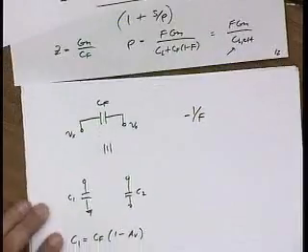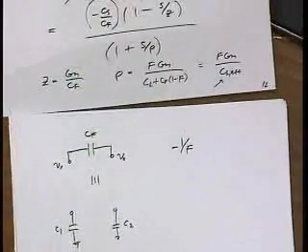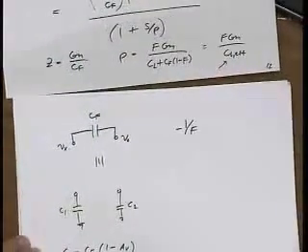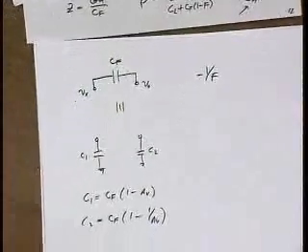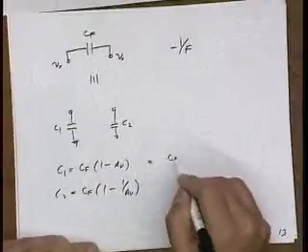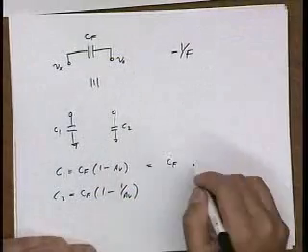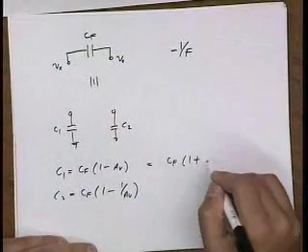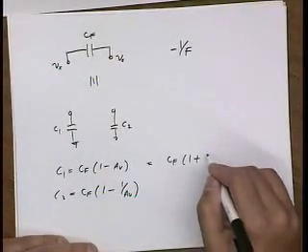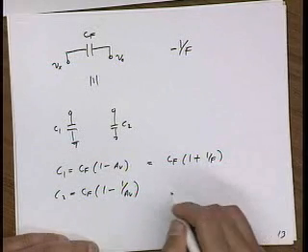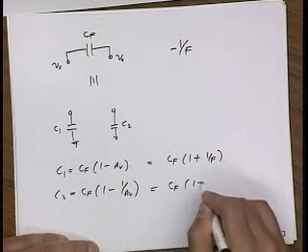This is actually negative. C2 is CF (1 minus 1 over AV), right? So that would be CF (1 plus 1 over F), and this would be CF (1 minus F).